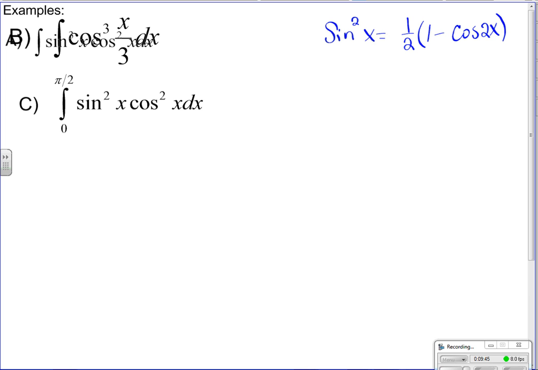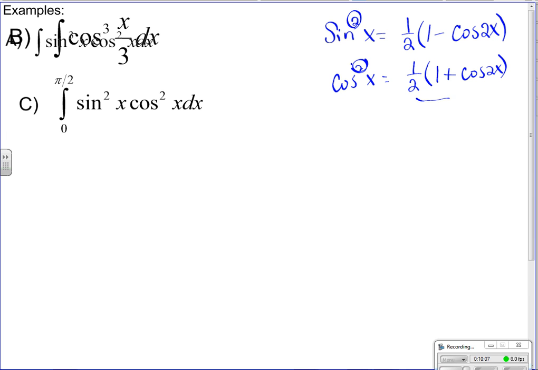And then cosine squared x, if you look back to the screen before this, this is its trig identity. Those two are equivalent. Those will be handy because we're going to be able to get rid of this squaring, which is making it difficult to integrate.